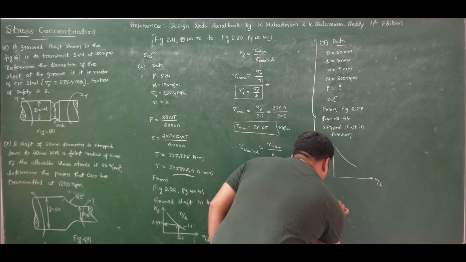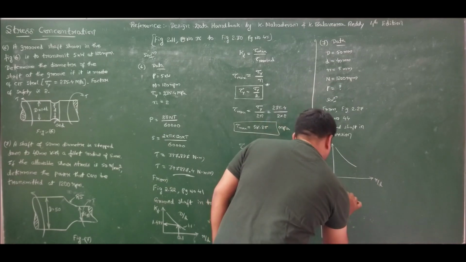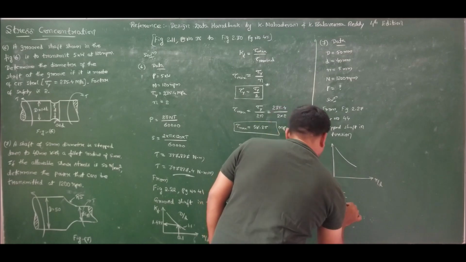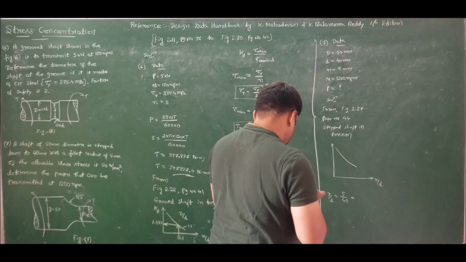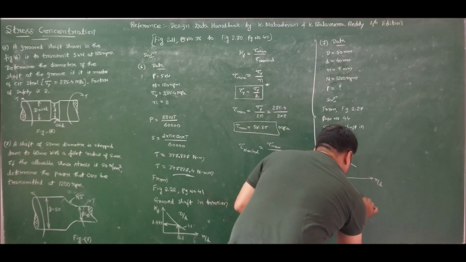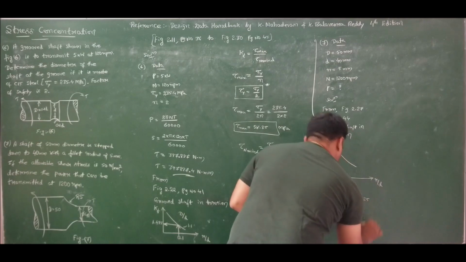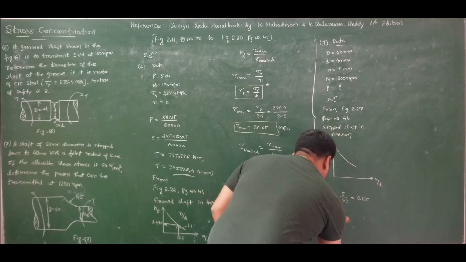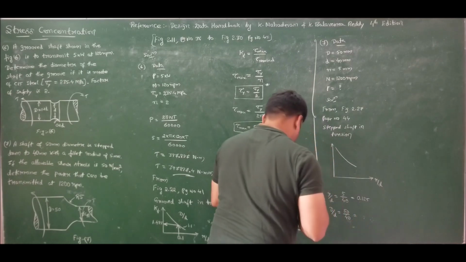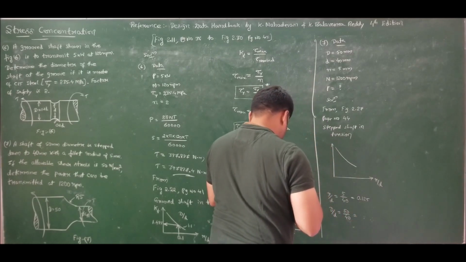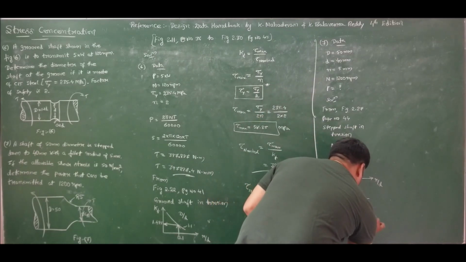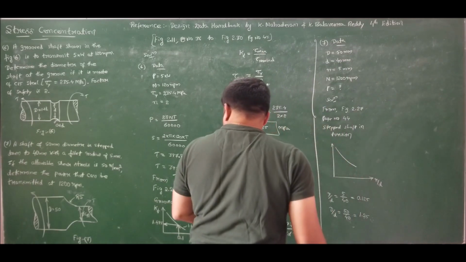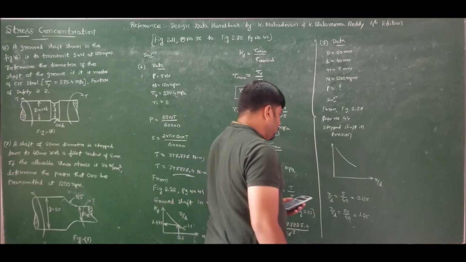If I find R by d, I will get the value as 5 divided by 40, which is 0.125, and we have capital D by small d, which is 50 by 40, which is 1.25.